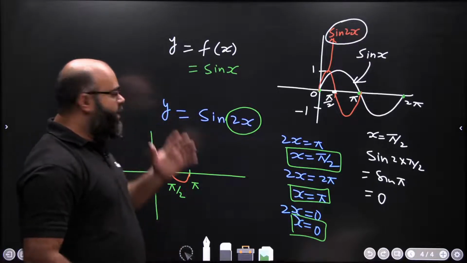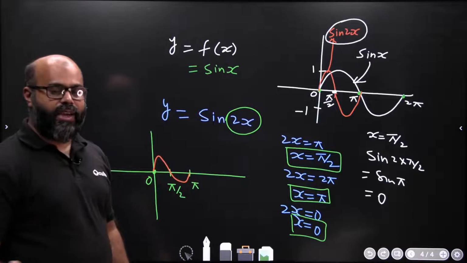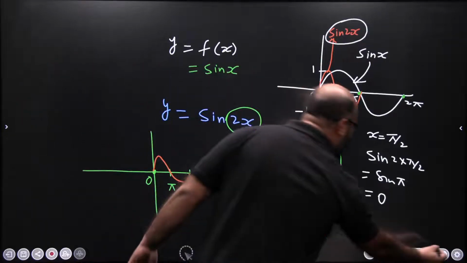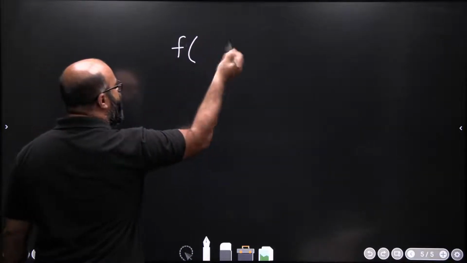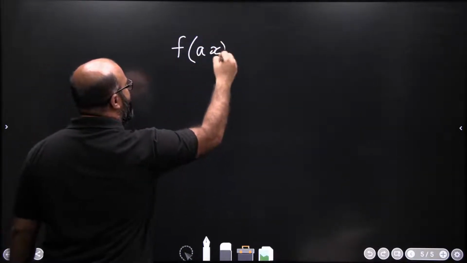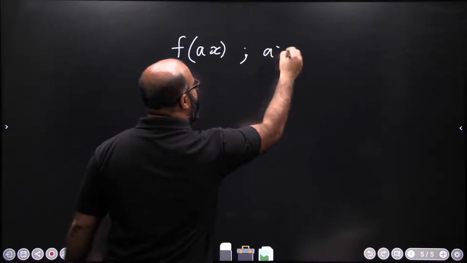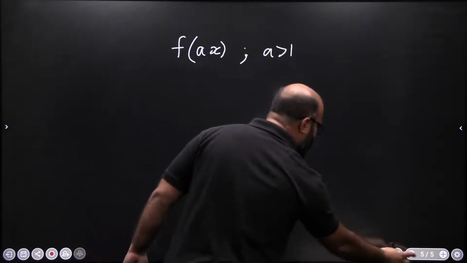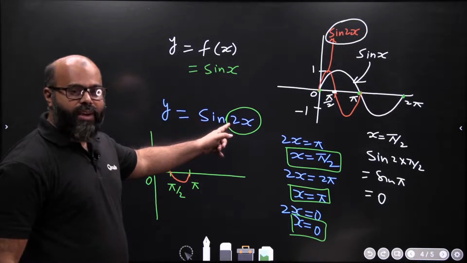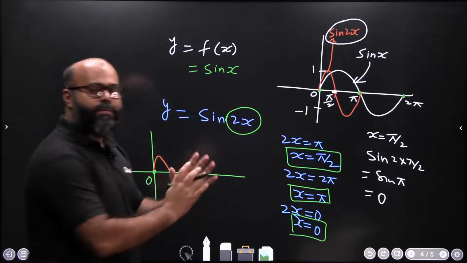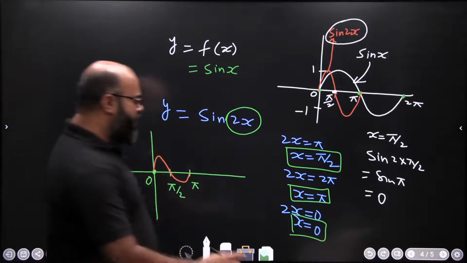So what is the conclusion which we are getting here? When we multiply something to the input of the actual graph, ax, considering that a is greater than 1, because if you see the previous graph, a is actually 2, which is greater than 1. If you multiply to the input something greater than 1, then what will happen?